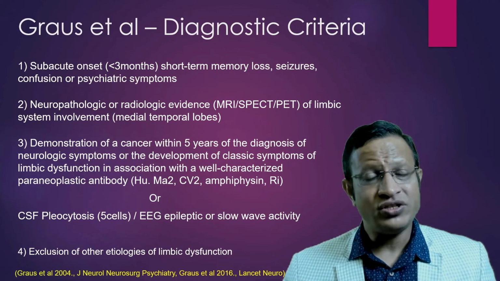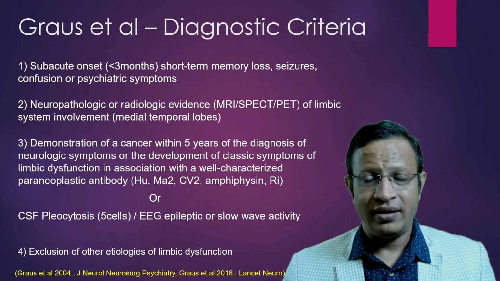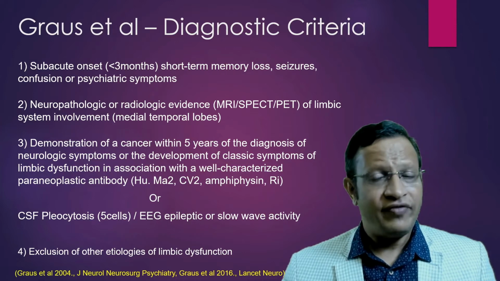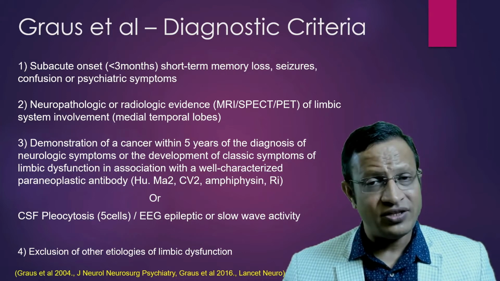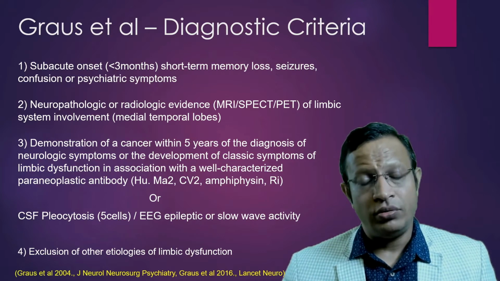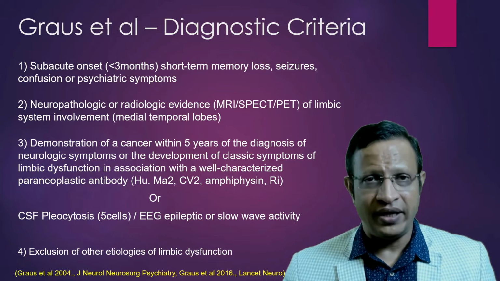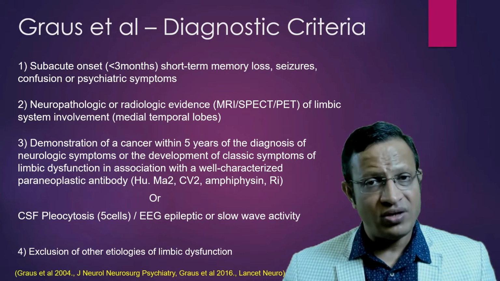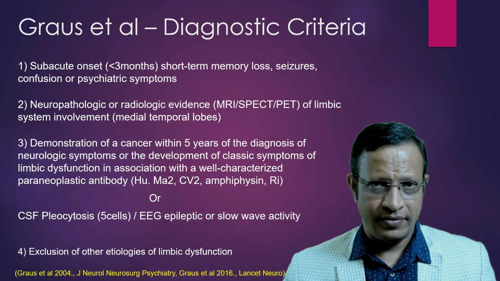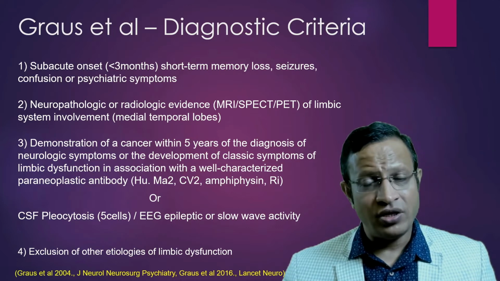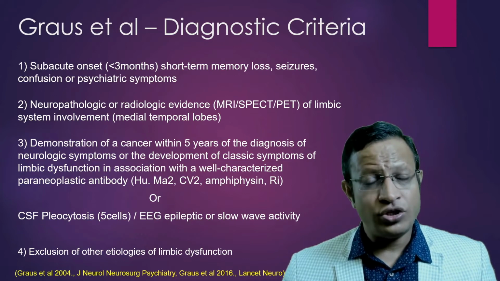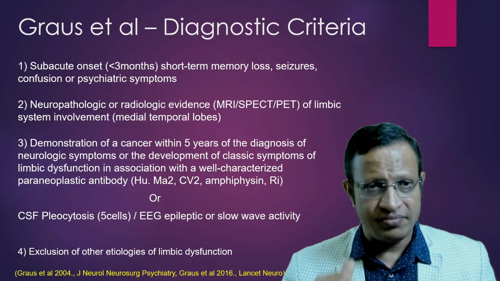Further, Ross et al. also came up with limbic encephalitis criteria. First and foremost, they gave importance to the onset, subacute in onset. That means the onset period may last from 1 to 3 months, with short-term memory loss, seizures, confusion, and psychiatric symptoms. Further, neuropathological or radiological evidence should be there, and that evidence should point towards the limbic system.